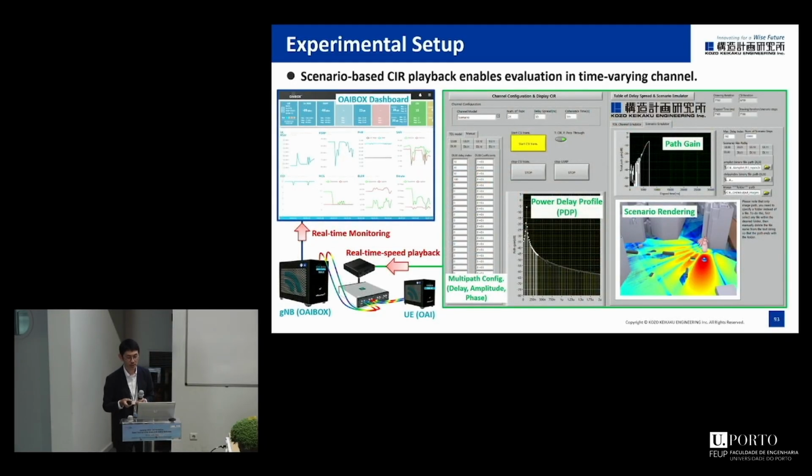During the experiment, the control PC for the channel emulator shows the CIR as a real-time power delay profile. It can also show path gain and the scenario video when available. At the same time, communication KPIs are monitored through the OAI dashboard.